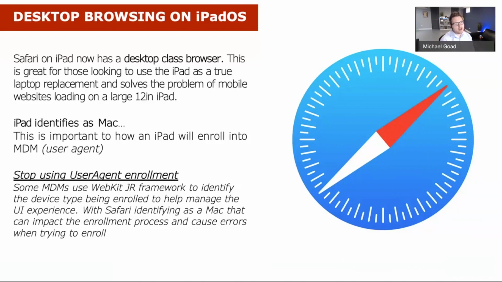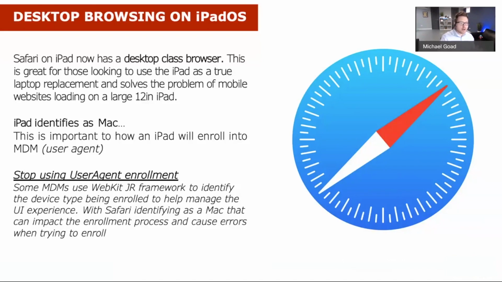So if you use URL-based enrollment, where we go to a URL within the Safari browser, which then gives us the profile to download and install, then for some MDMs that use the WebKit framework, that enrollment process will not work, because that URL is viewing the Safari browser as a Mac. So it thinks that the device is a Mac and does not send the right profile for an iOS enrollment.